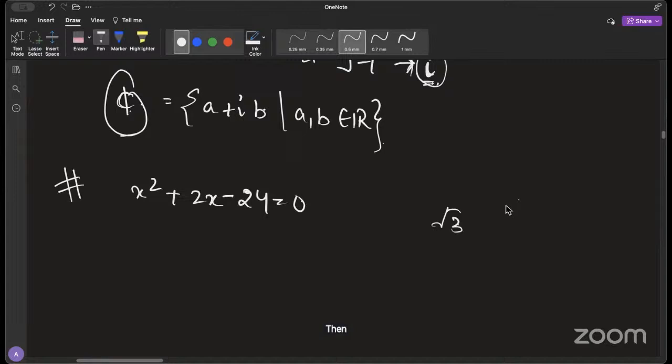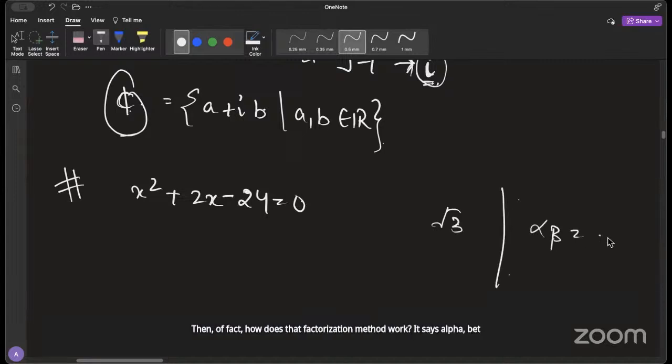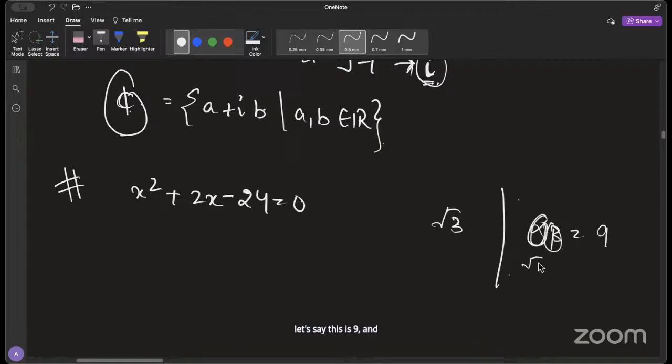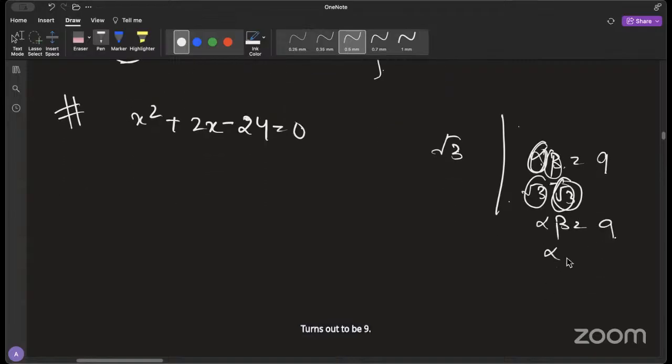The factorization method says alpha beta such that the product is something, and your alpha and beta are going to be in square root, so you would not be able to guess those numbers.